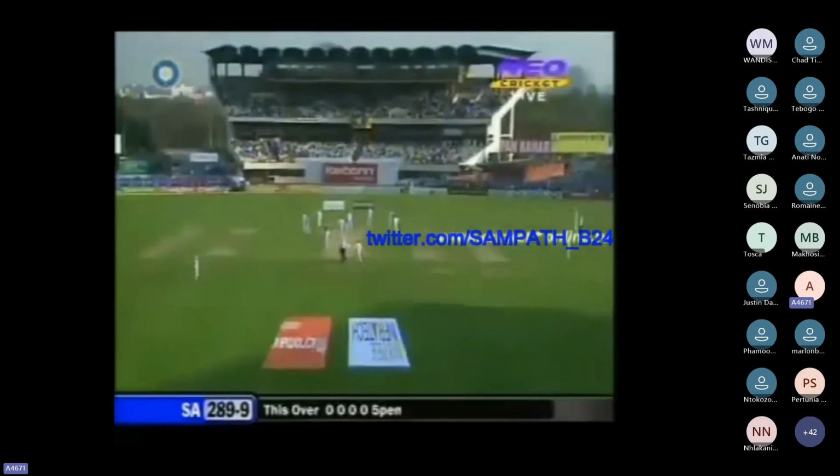So because South Africa only wanted 1 run, by the time that Virender Sehwag kicked the ball, they had completed that 1 run. So 1 run completed plus the boundary allowance of 4 gives us 5 runs added to South Africa's score and 5 runs added to Hashim Amla's score.